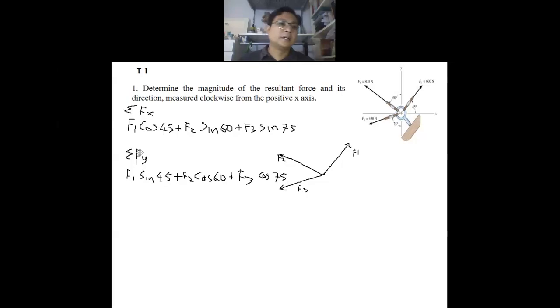Now we can add all calculation for F1 to F3.